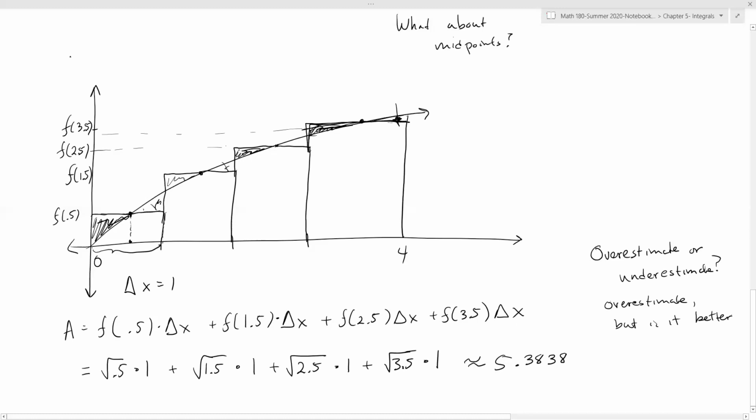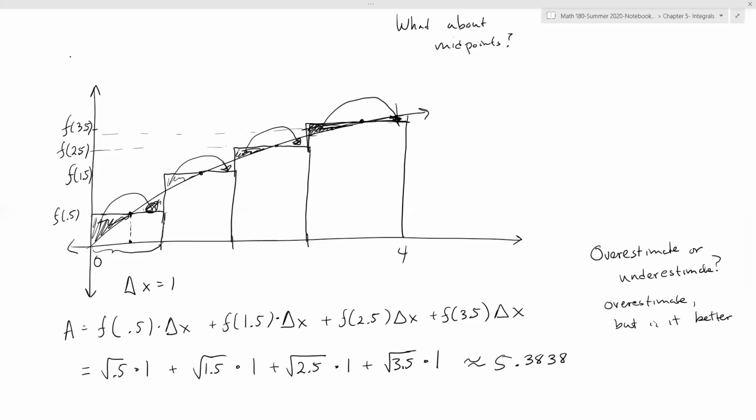Yeah, that's exactly it. It counteracts, and we could imagine moving this piece into there, moving that piece into there, and it kind of fills up. It fills up a little bit more than we need, but not anywhere near as much as the right endpoint one, which was way bigger.